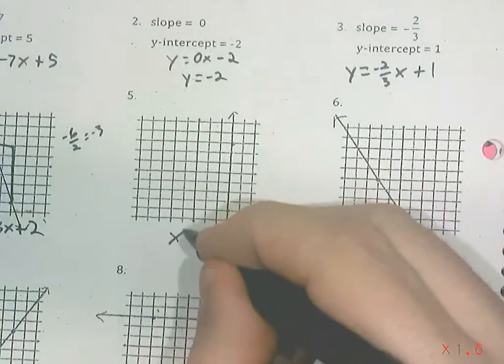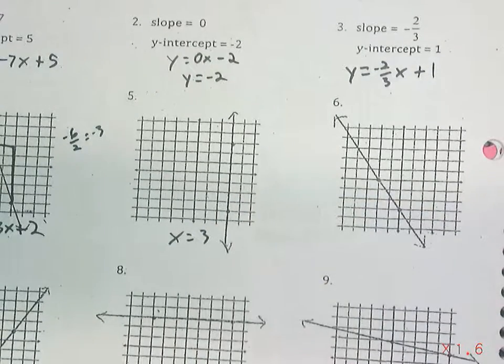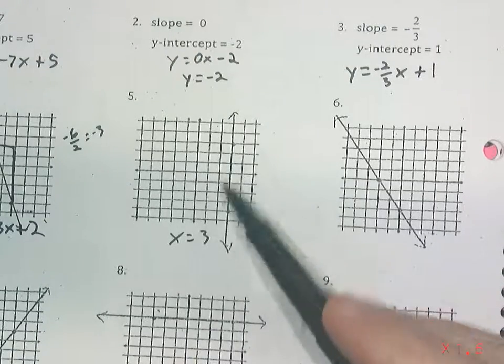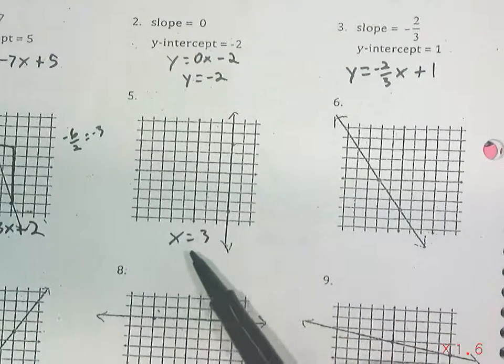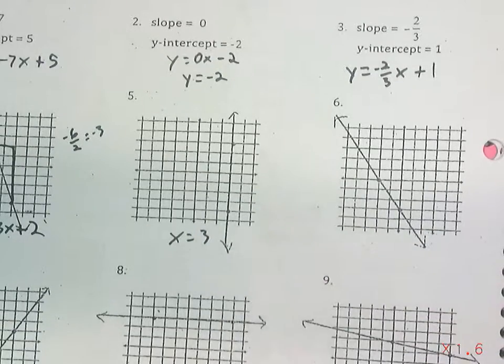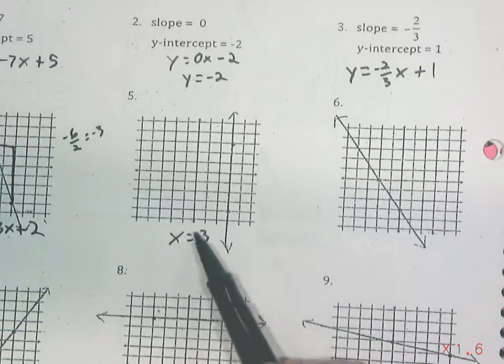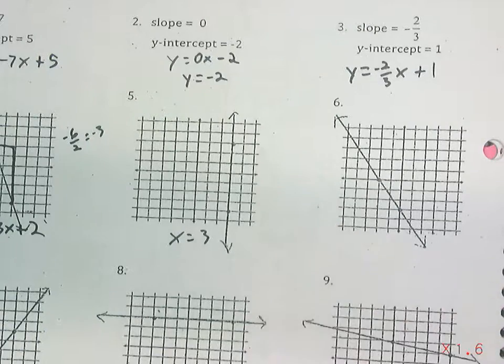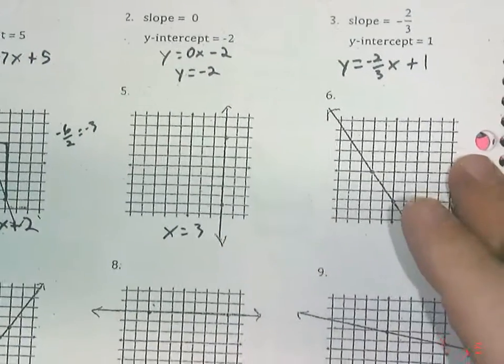So this is going to be x equals 3. Okay? Basically, when you get that undefined line, this is the only equation that's going to have x equals, and it's going to be x equals whatever number the line is on the x-axis. It's basically saying no matter what y is, x is always going to be 3. Always 3, no matter what the y value is.